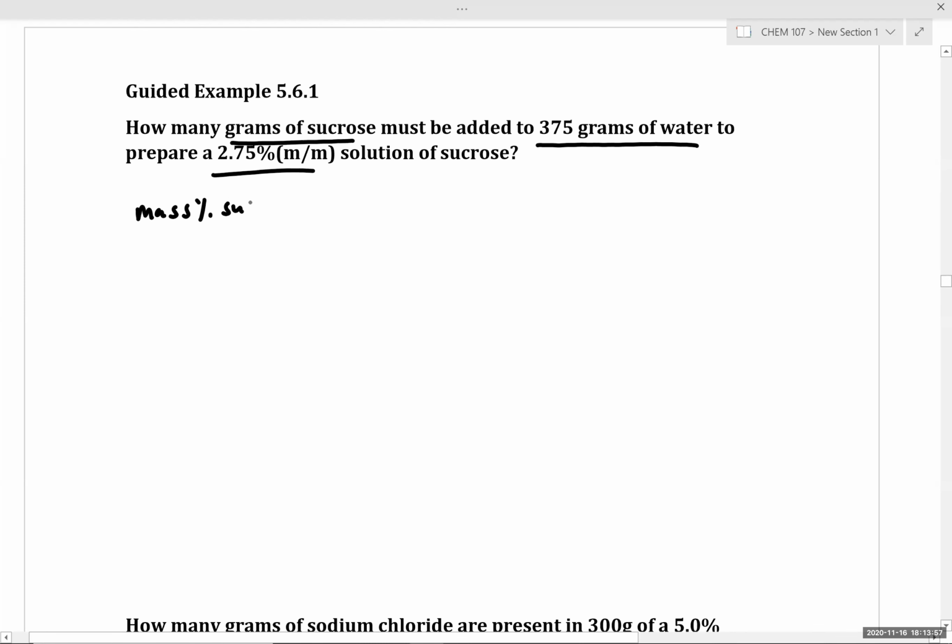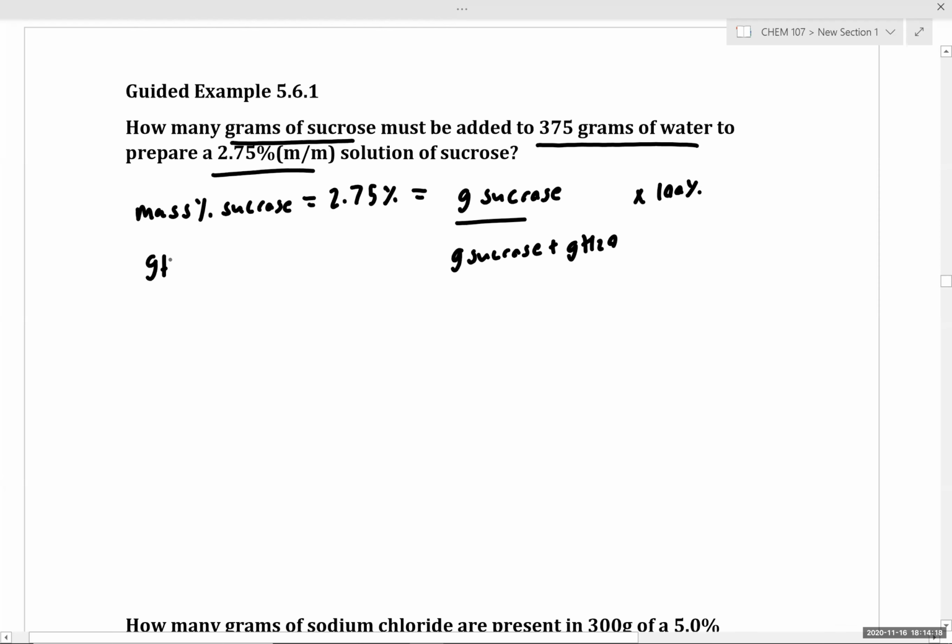The mass percentage of sucrose, which we're given in the problem as 2.75%, is equal to the grams of sucrose over the grams of sucrose plus the grams of water, times 100%. Okay, that's what we know.